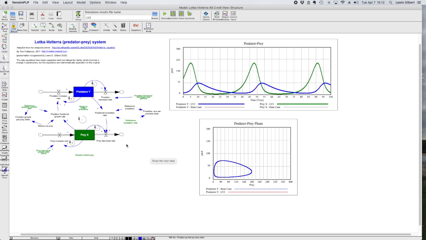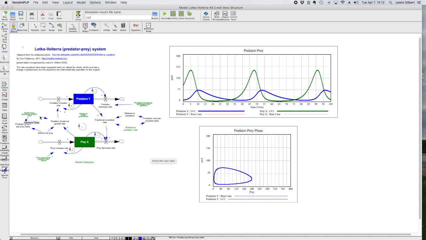So let's see. It's basically the same model. These things in green are variables that have been introduced to allow the scaling, to make things nice and clean. These fractional rates I've already talked about. Predator growth per prey. Delta is the name of the variable in the formal equations. That's here. This is the fractional predator growth.